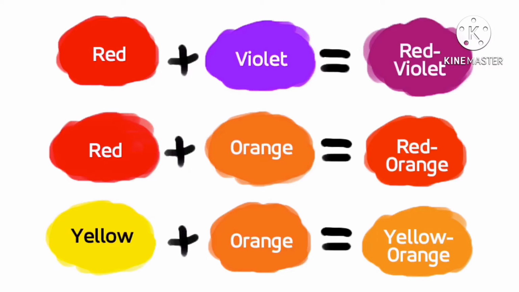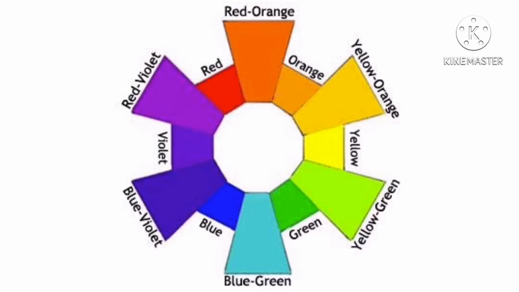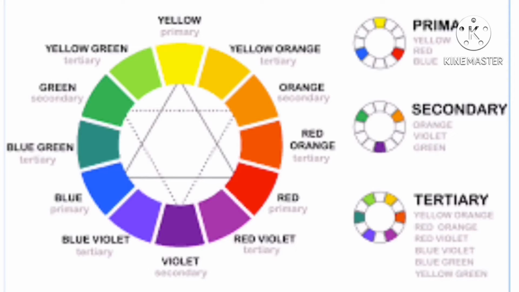When you are making a tertiary color, the primary color is always named first, such as red-orange and yellow-orange. Altogether, they form a color wheel. The color wheel organizes color. The circle shows the relationship between the colors.